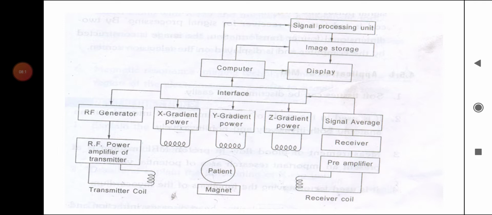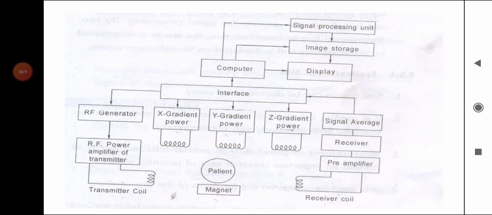The hydrogen atoms are 80% of the atoms in human tissues. In the nucleus of a hydrogen atom there is only one proton. Whenever the radio frequency signal is absorbed by this proton, the nuclear spin changes from lower energy to higher energy state.